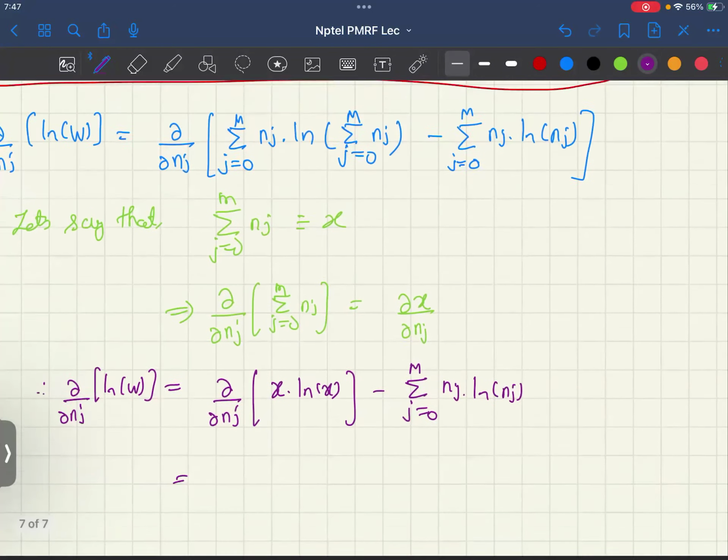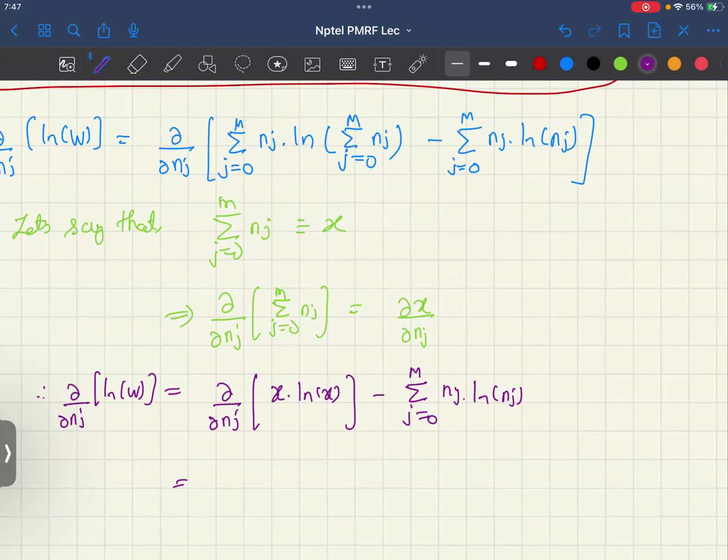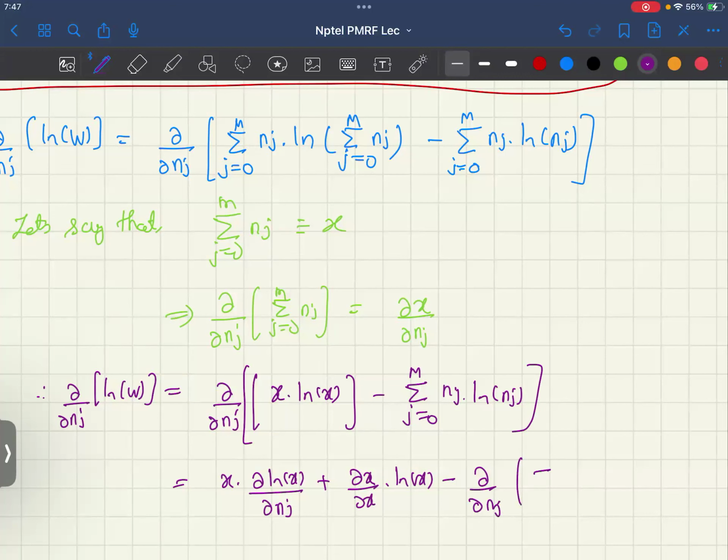This means this is equal to x into dou of ln x by dou nj plus dou x by dou nj into ln x minus dou by dou nj of summation j is equal to 0 to m nj into ln nj.